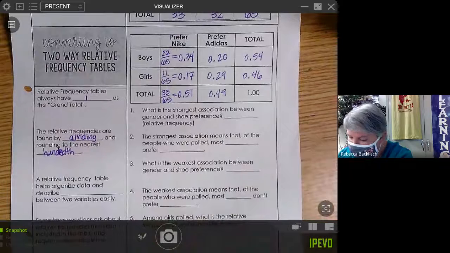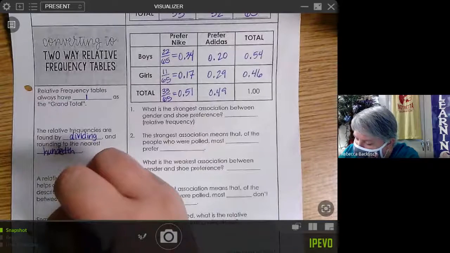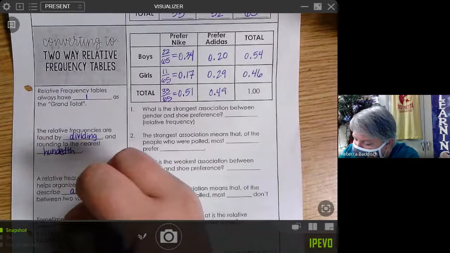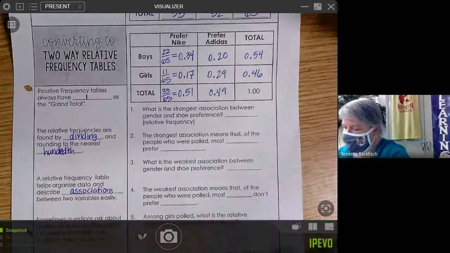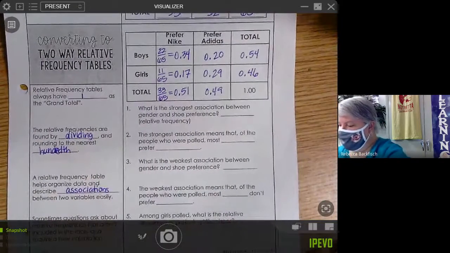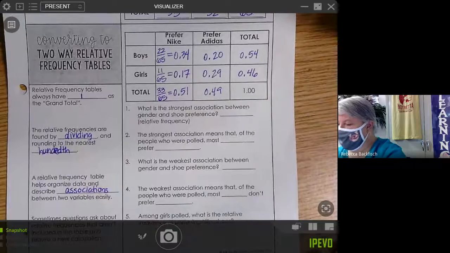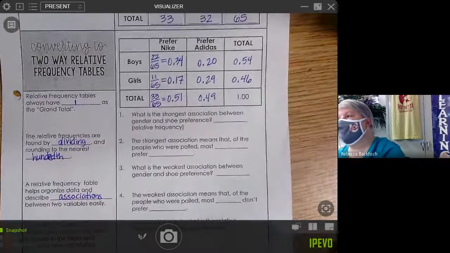A relative frequency table helps organize data and describe associations between two variables easily. Okay, they also can be thought of as probabilities.